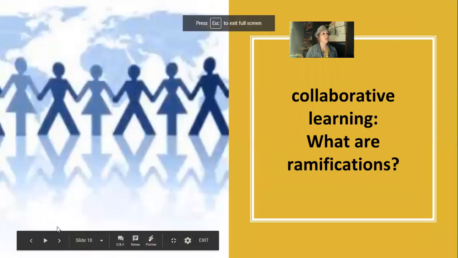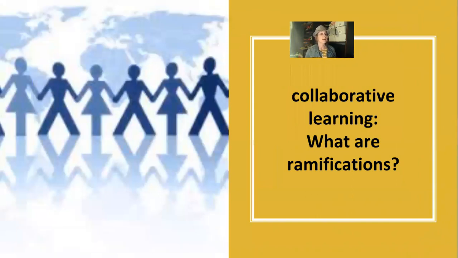Okay, so collaborative learning. What are the ramifications for our teachers, our teaching, our students with collaborative learning? Well, it gives everybody a voice. It's very nice because it gives everybody a voice in a very quick way.